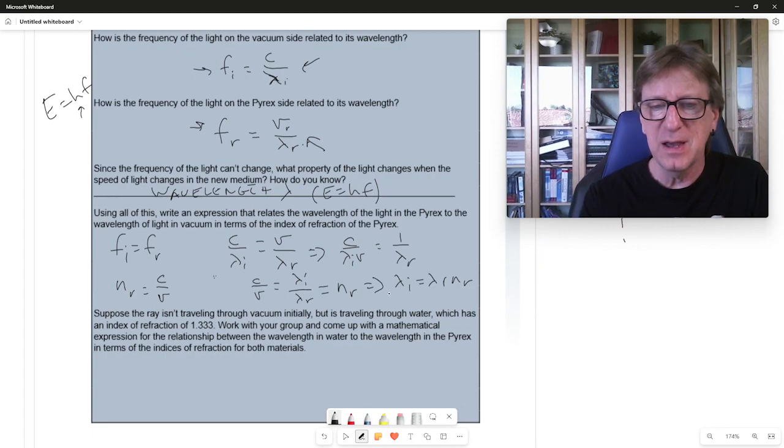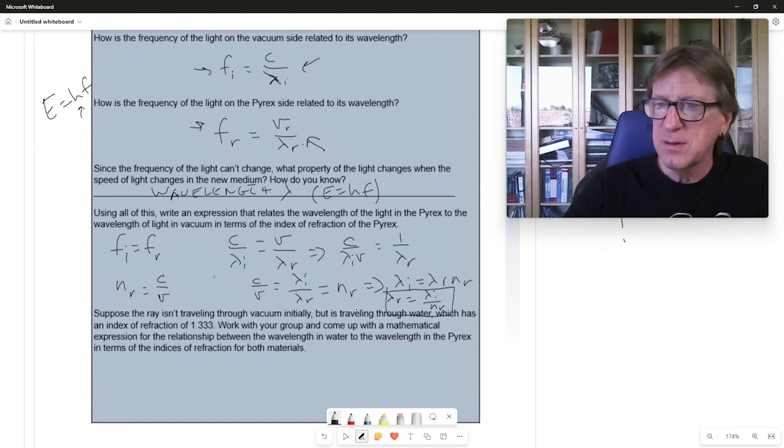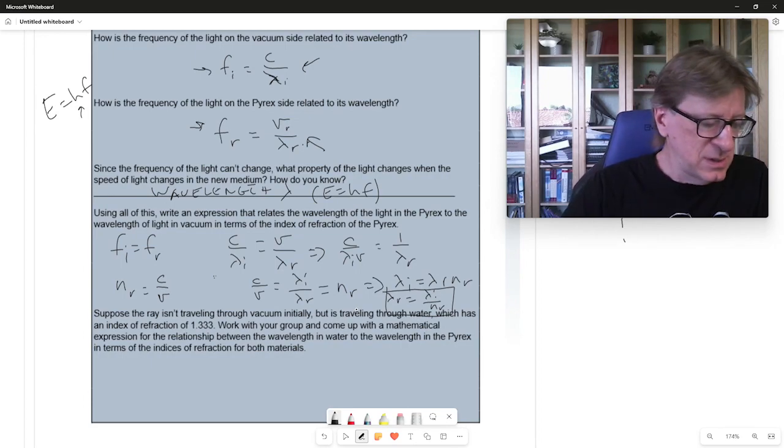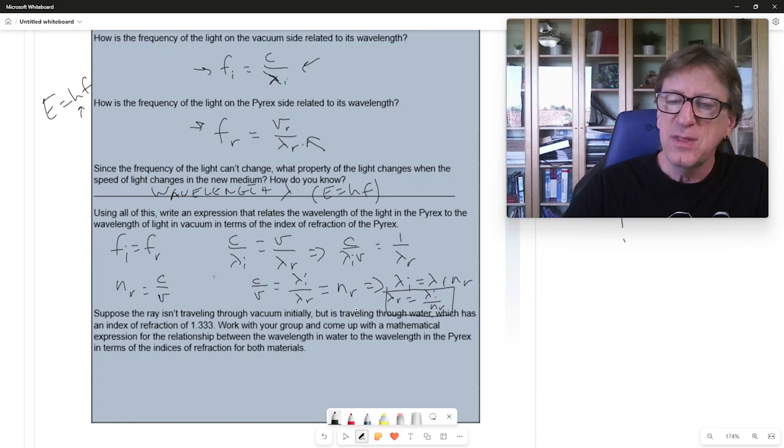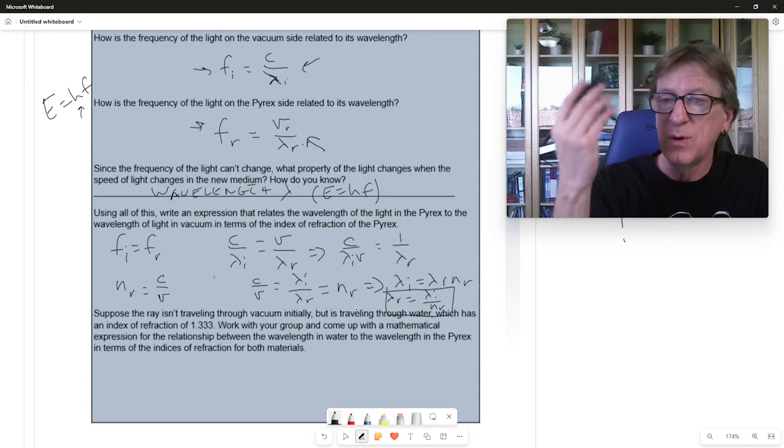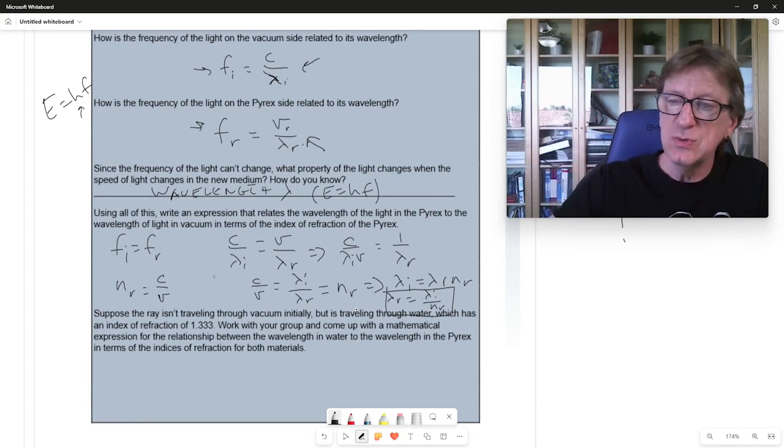And so finally I get lambda_r is going to be equal to lambda_i divided by that index of refraction. So that is how much the light ray will bend if it goes from vacuum, or air in our case, into our new medium.